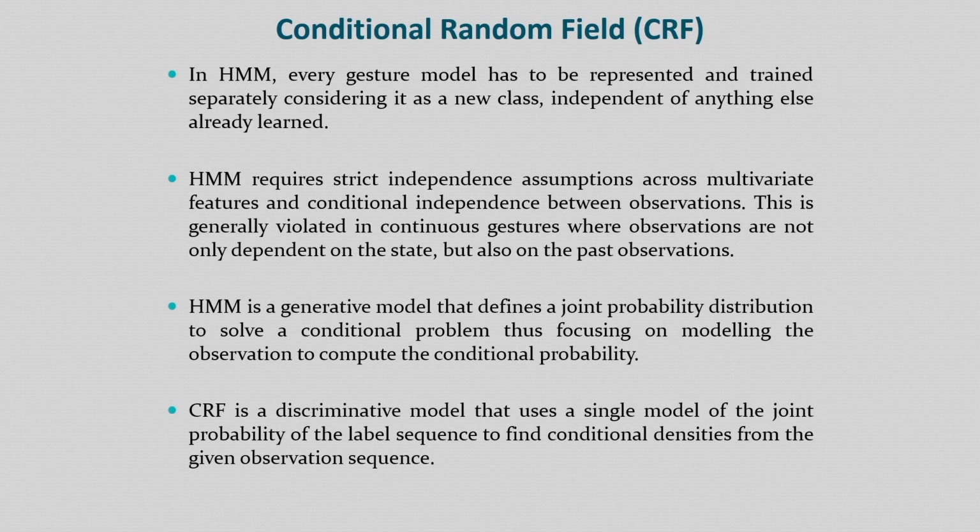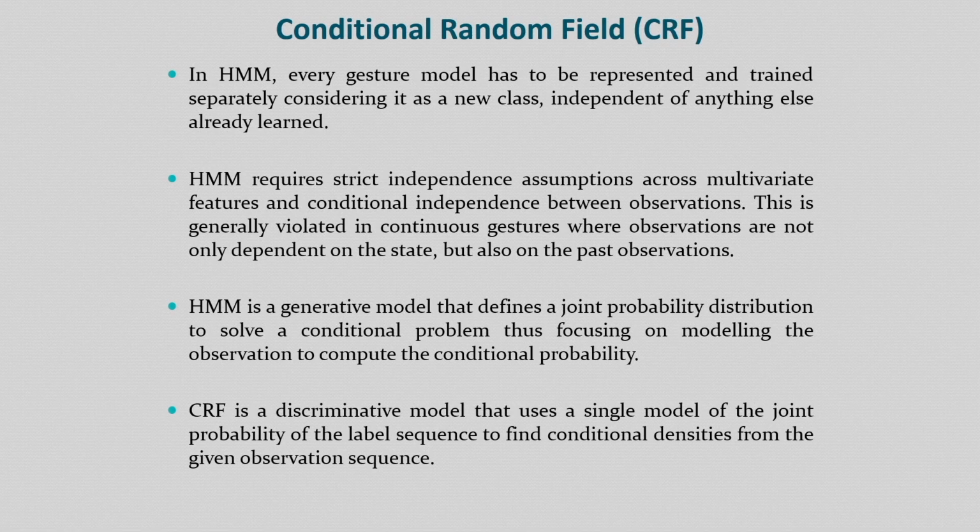It must also have some estimate of state emission probabilities and state transition probabilities. And the hidden Markov model makes several assumptions. So these are the problems with the hidden Markov model.